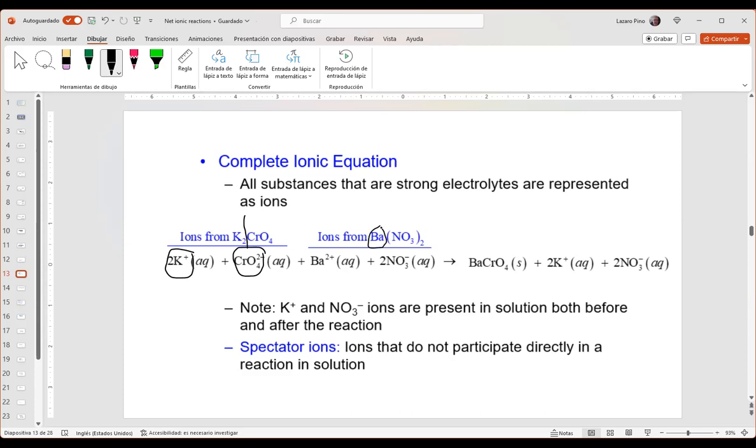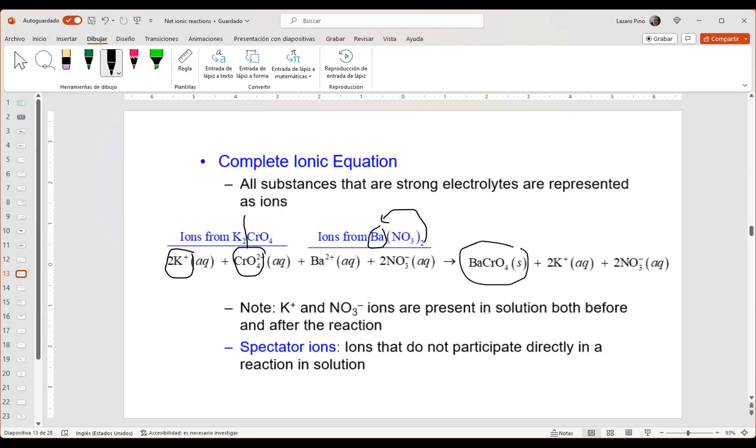Barium has 2 positive, and nitrate, well, you have 2 nitrate, as you can see, because there is a subscript 2 on the nitrate ion. Arrow, and then you get a solid.